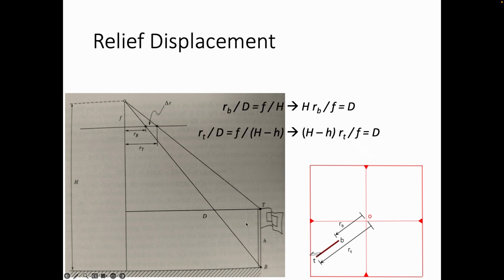And then here's the line going from the perspective center or focal point through the image plane. So there's that point on the image plane, RT, to the top of the object in the real world space. And again, we're using similar triangles for these relationships. So this triangle that's formed with this line is going to be the same as this triangle here from the base of the image all the way up there.